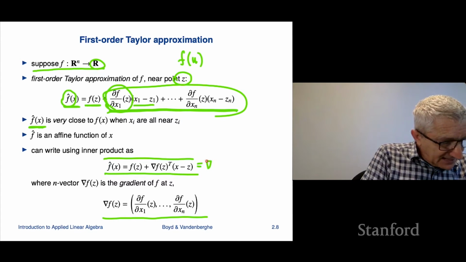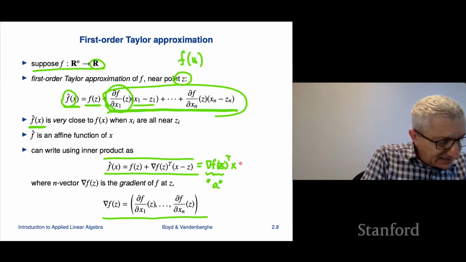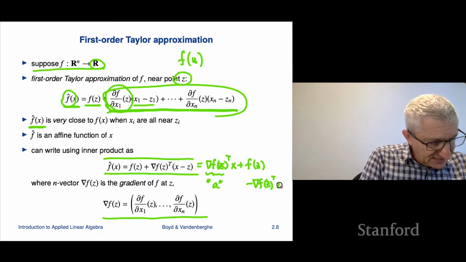Okay, now to see that this is an affine function, we can write it a different way. We write it as the gradient of f at z, inner product with x. You can think of this as your a in the affine model. Then plus the offset, which is f of z minus the gradient of f at z inner product with z.